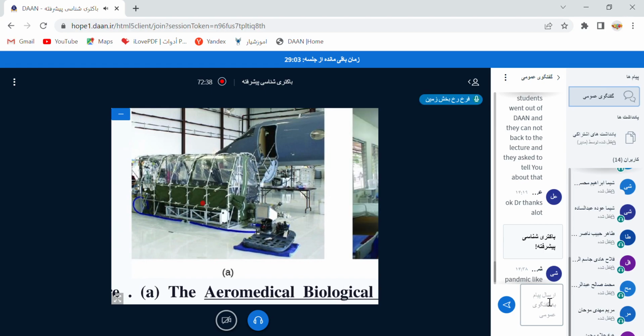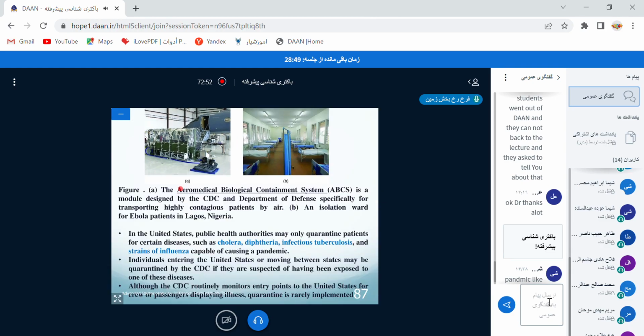So sometimes the patient needs to be transported from one hospital to another hospital, or from one city to another city, or from one country to another country, and the patient has a serious contagious infection. So here you can see in figure A the aeromedical biological contaminant system, ABCS.